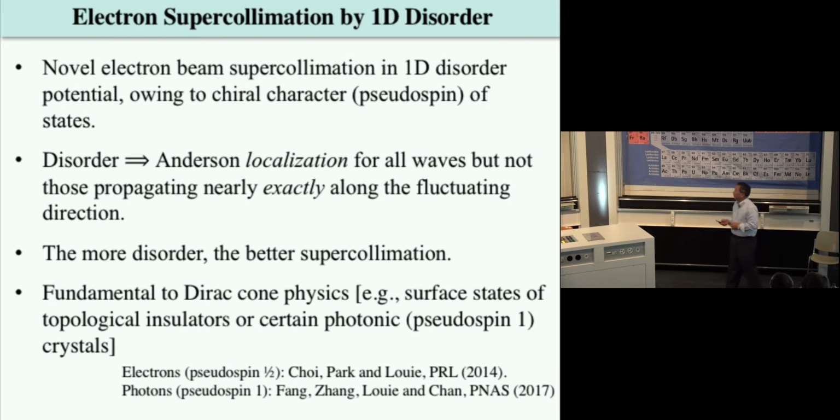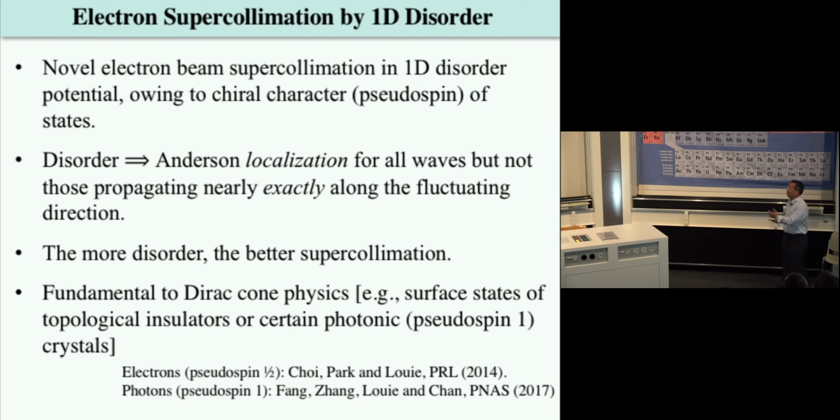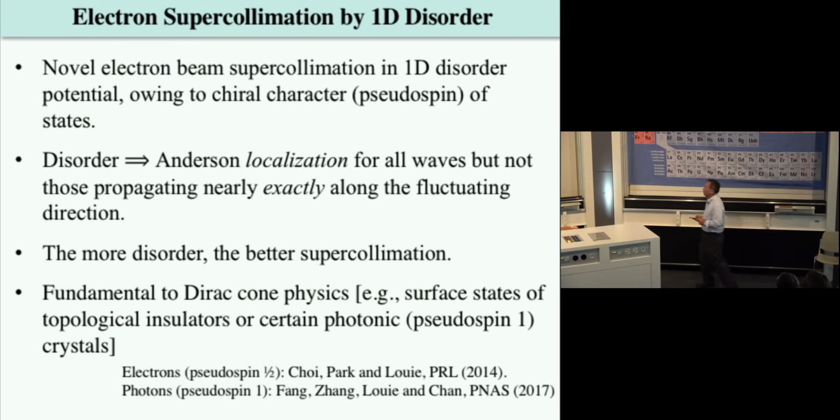So this is physics that owes to the chiral character, the pseudospin character of the states. The disorder leads to Anderson localization for all waves except those propagating nearly exactly along the fluctuating direction. In fact, the more disordered, the better supercollimation you would have. And this phenomenon is actually fundamental to the Dirac cone physics of the system.